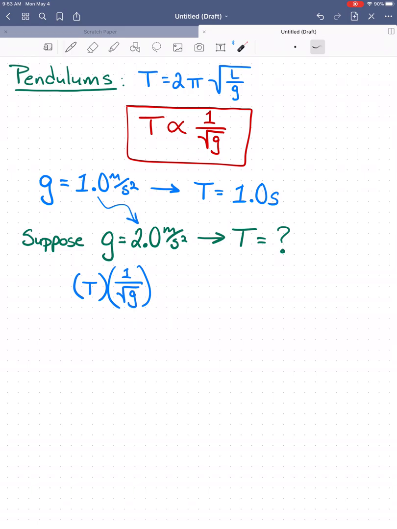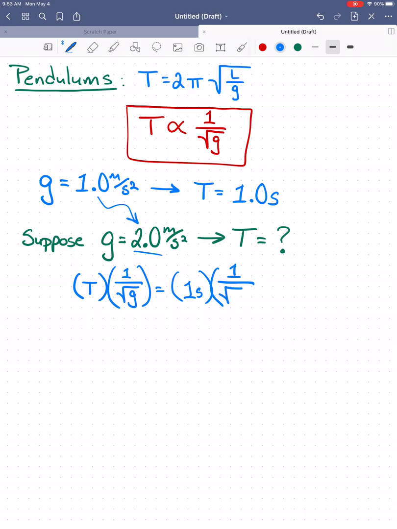What we're going to use for our period is 1 second. And our gravity, we want to be 2, because we're doubling our gravity, so I'm just putting in double what the original 1 was.